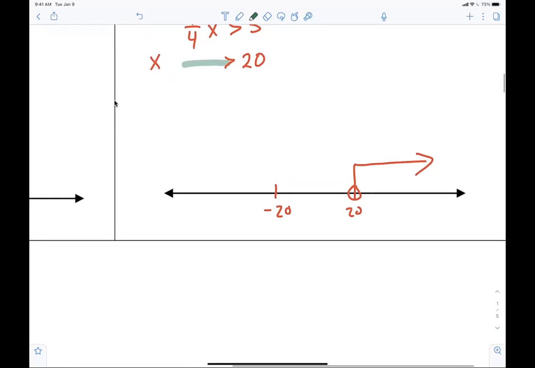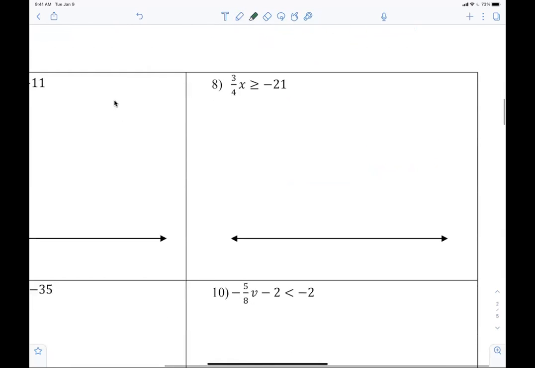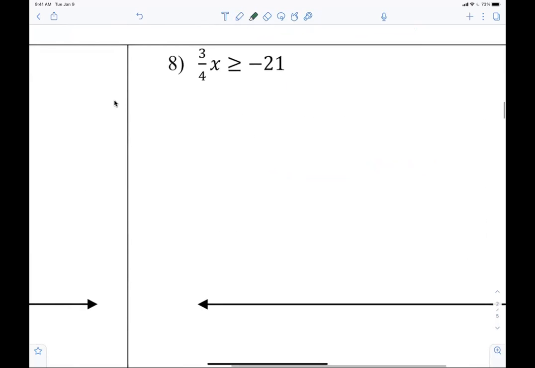Now, again, we're on number 8. Everybody should be able to look at number 8 and say, well, we're just going to multiply by the reciprocal. And we don't need a calculator for this. We're practicing without a calculator.